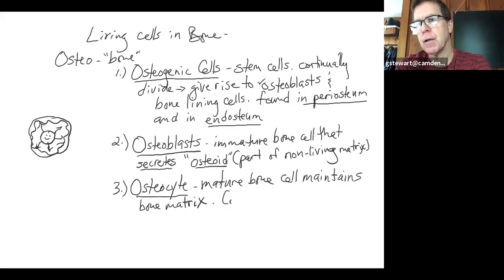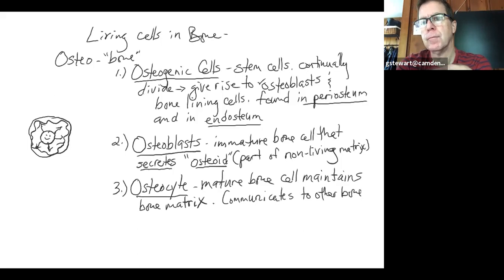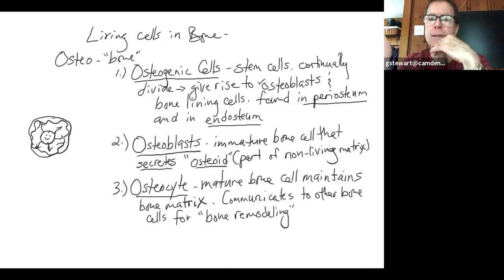So I'm just going to write communicates to other bone cells for a process that we call bone remodeling. Some of these terms will be discussed in detail later. So that's 1, 2, 3. We just have to do 2 more. I'm not going to erase this board in case you want me to go back to it.